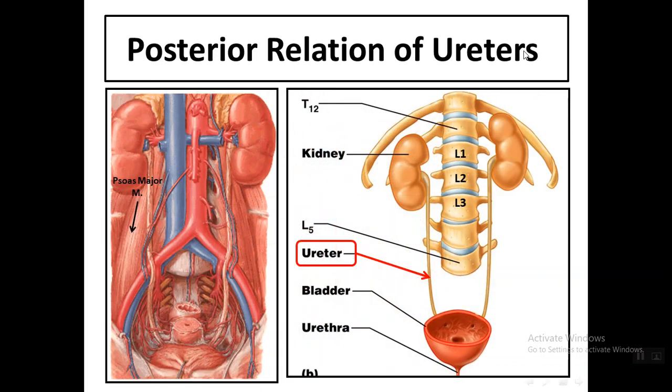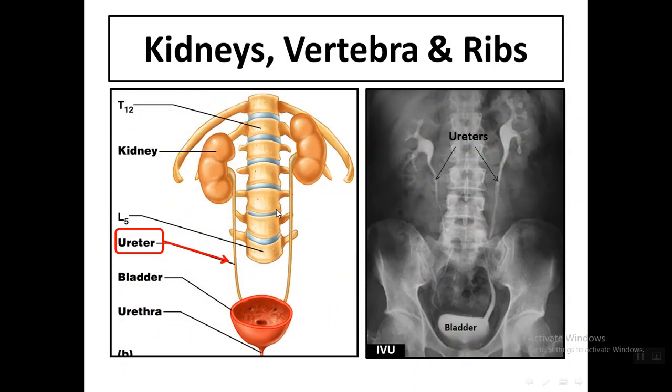The posterior relation of the ureters is the psoas major, separating the ureter from the transverse processes of the lumbar vertebrae. This is the psoas major muscle. Here we can see the ureter extending from the hilum, from the pelvis of the kidney, down to the angle of the urinary bladder.